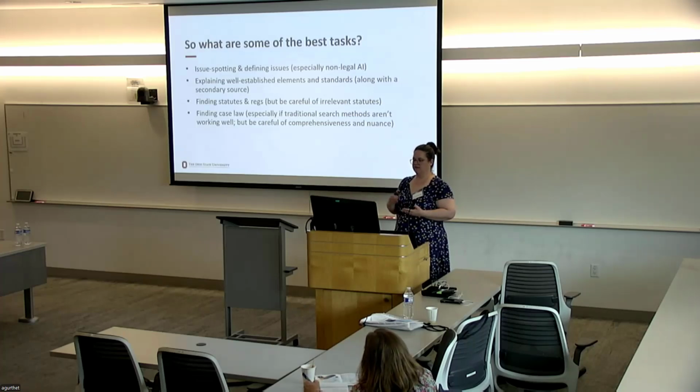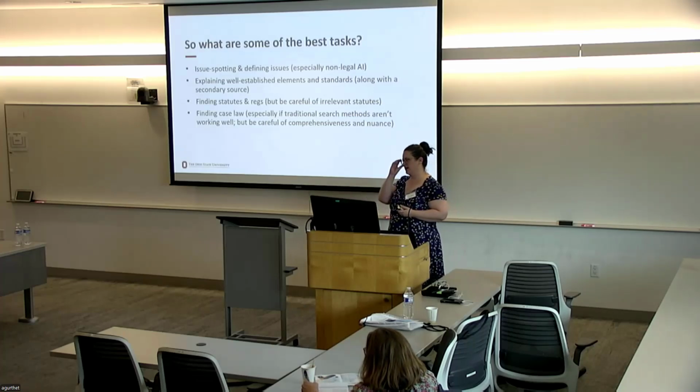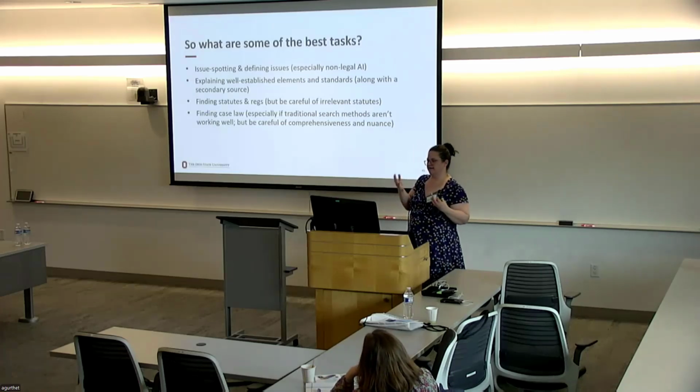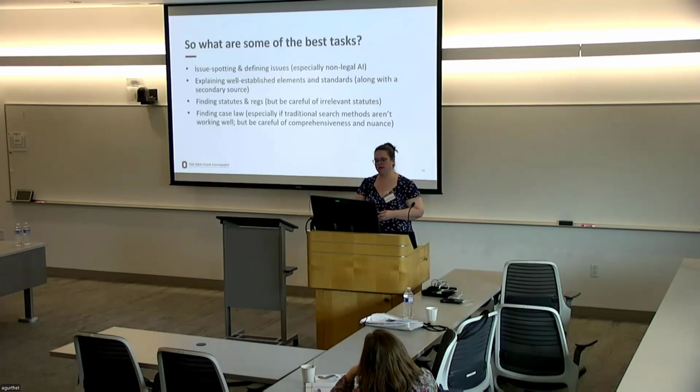Finding statutes and regulations, finding case law, but be careful of irrelevant things coming in, both statutes or regulations outside of the scope of what you're looking for, as well as, in case law, cases that are outside of your jurisdiction or cases that have a red flag on them. And for both of those, be aware that it may not be completely comprehensive, right? You may need to use some other methods as well.